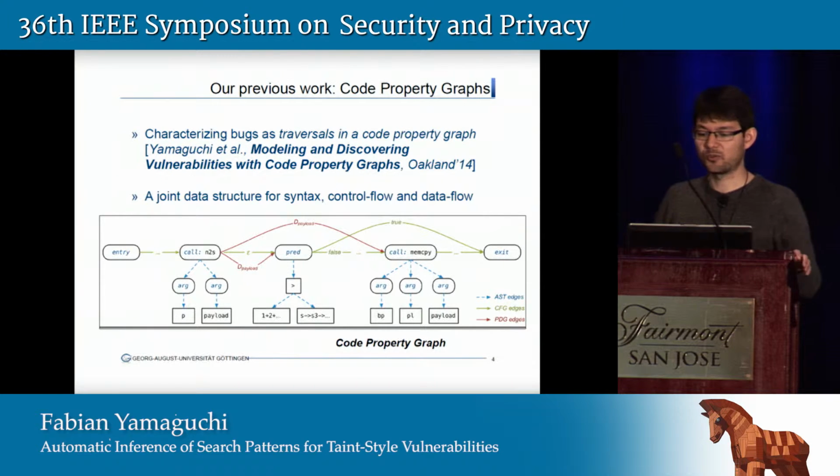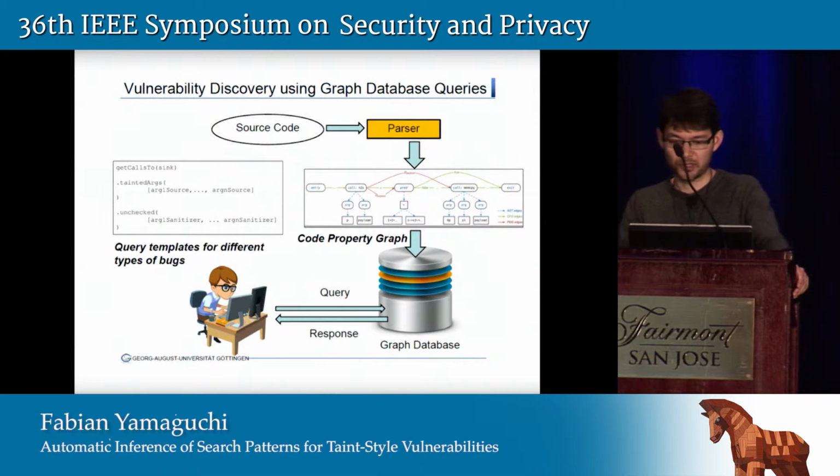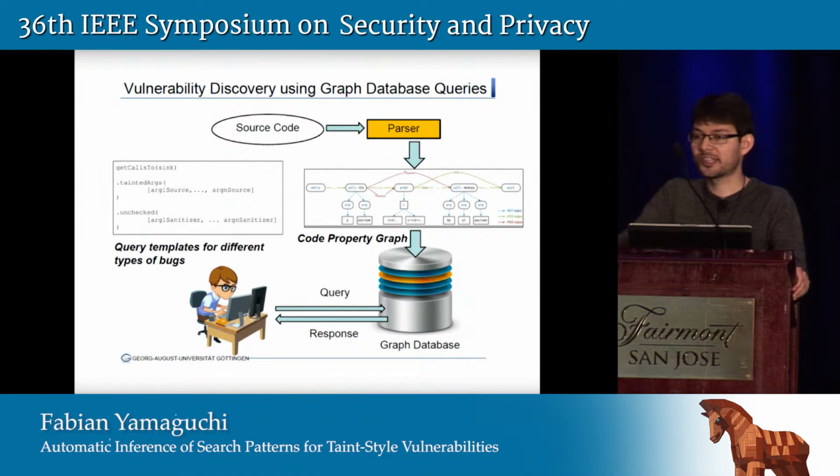The idea is to characterize bugs as traversals in this graph, so to do graph matching to find bugs. We took this code property graph and put it into a graph database. Then we formulated different kinds of templates for different bugs that you could fill out to find vulnerabilities in specific code bases.